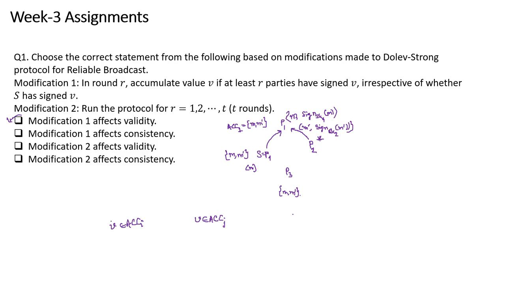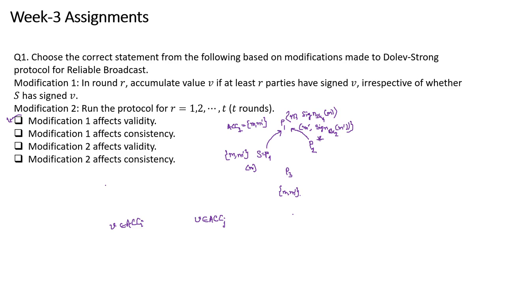Because after the completion of t plus 1 rounds, there must be one particular round where this value V was signed by some honest party, right? Some honest party must have signed, because there are at most t corruptions.